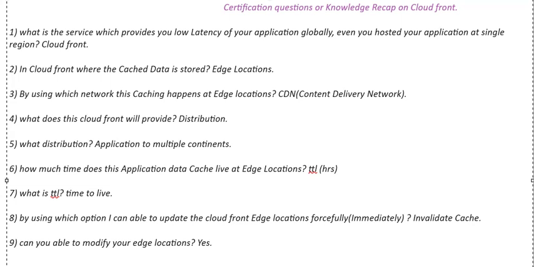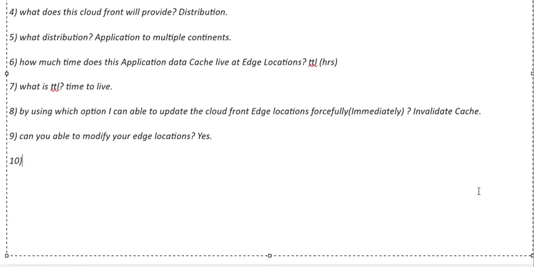So yes, we can modify the edge location content. This is the tricky question which was asked many times in certification, may also be asked to you, and sometimes in interviews also.